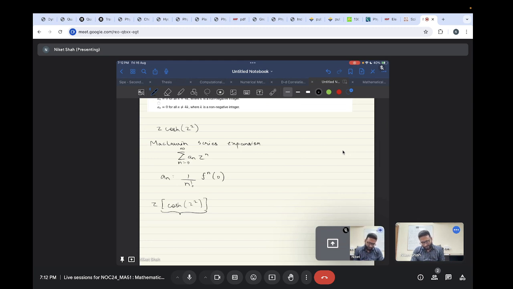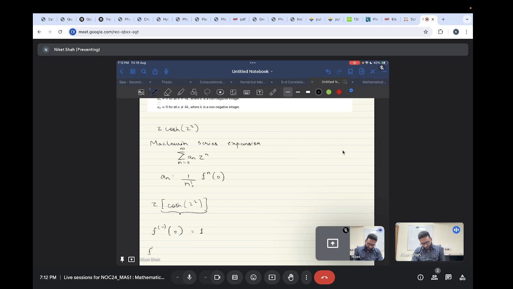So what do we get here? The first term would be n equal to 0, so f of 0, which is what? Cosh of 0 is just 1, right?